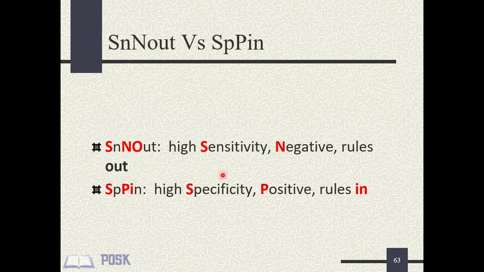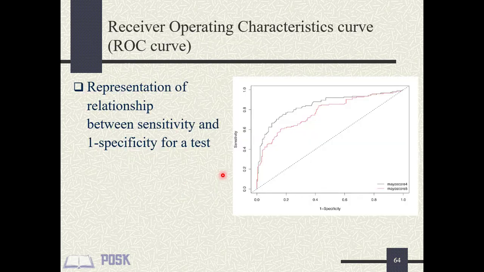The second is SPIN, S-P-P-I-N, high specificity positive rules in. Tests with a high specificity are most useful when the result is positive. A highly specific test can be useful for ruling in patients who have a certain disease.